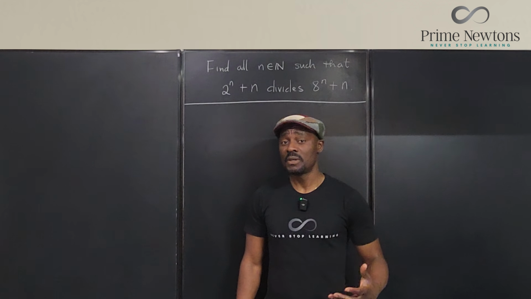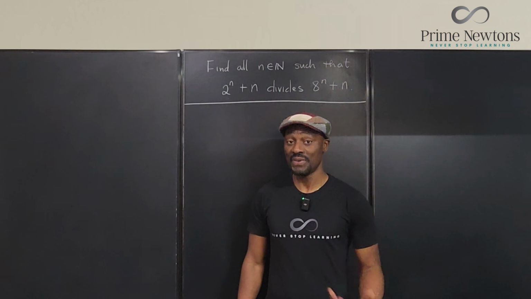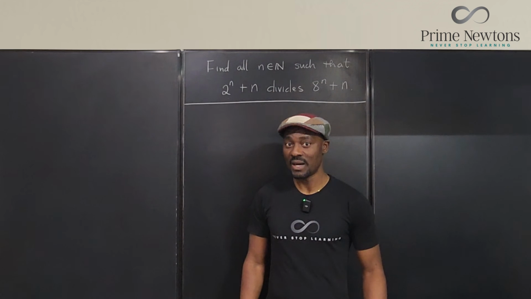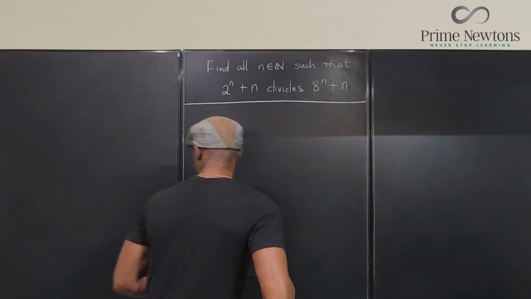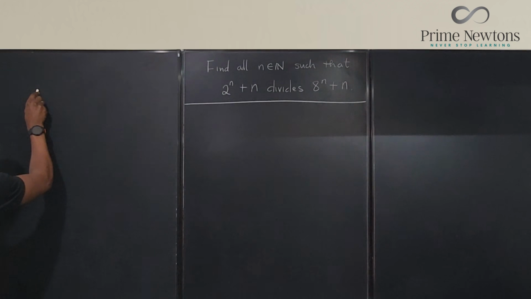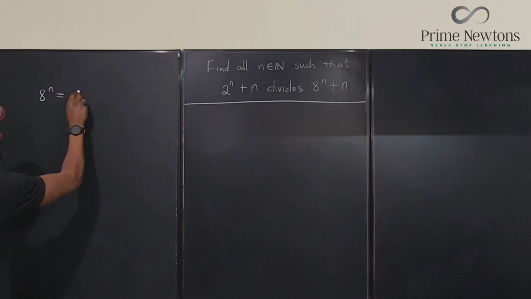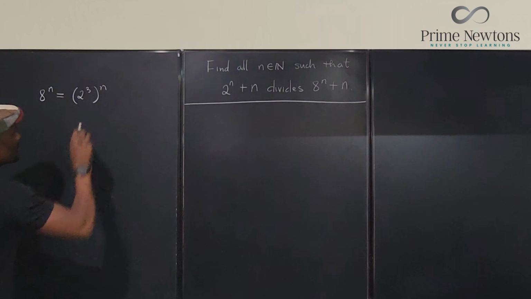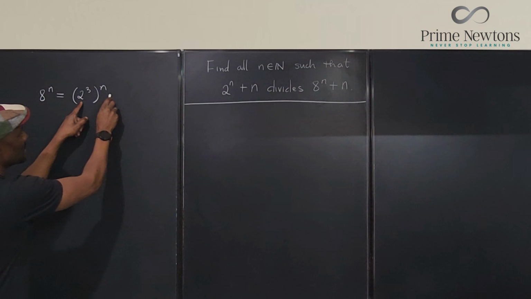So this problem turned out to be not as complicated as I feared it was going to be because I immediately recognized what I said before. So let's do it here. We know that 8 to the n is equal to 2 cubed to the n, which you can switch the positions.